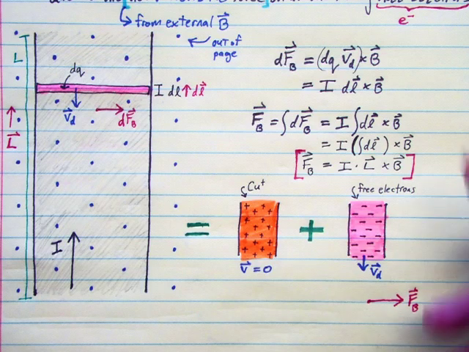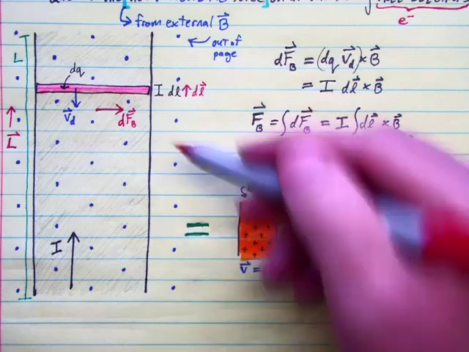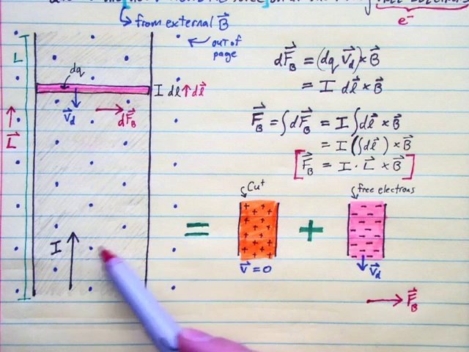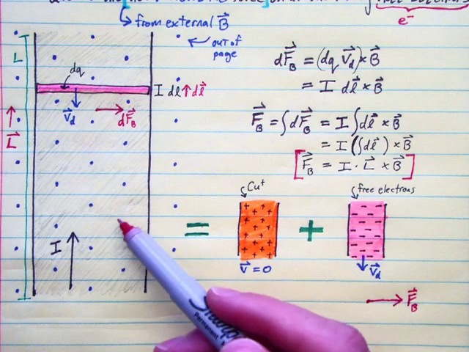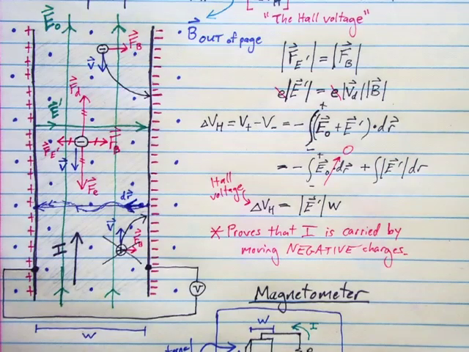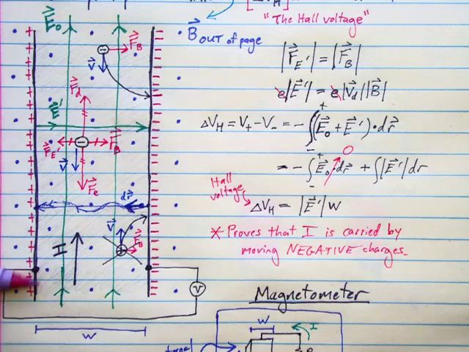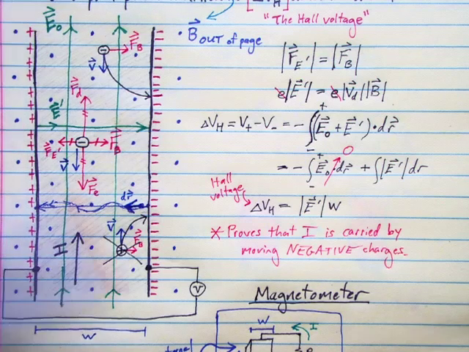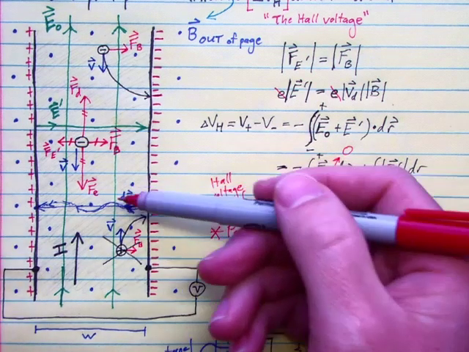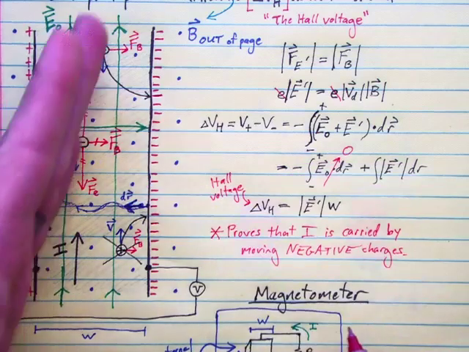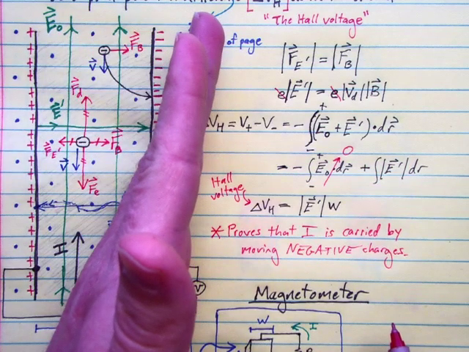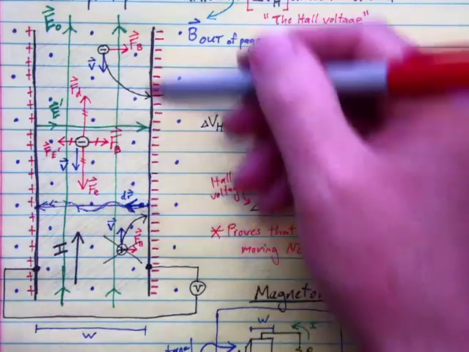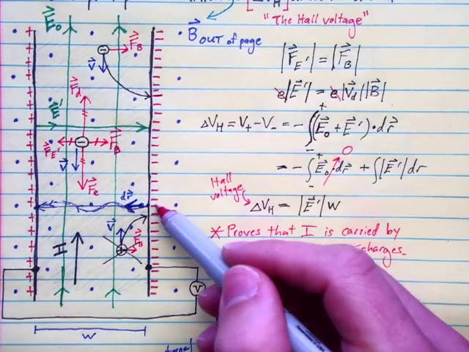So as they pile up against the right-hand side over here, the copper atoms nearby are going to be pulling back on them, preventing these free electrons from actually leaving the wire. Also, as we saw in the Hall effect video, this collection of positive charge over here, that's our copper ions, will be pulling back on all these free electrons that are trying to be pushed this way by the magnetic force. So these copper ions are pulling back on the electrons, and the nearby copper ions are preventing the electrons from just leaving the wire altogether.